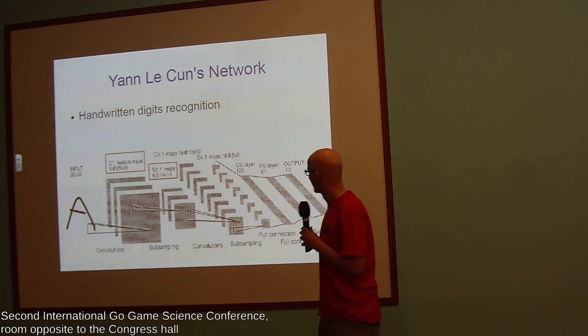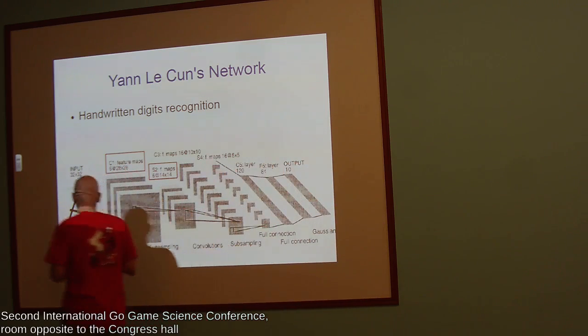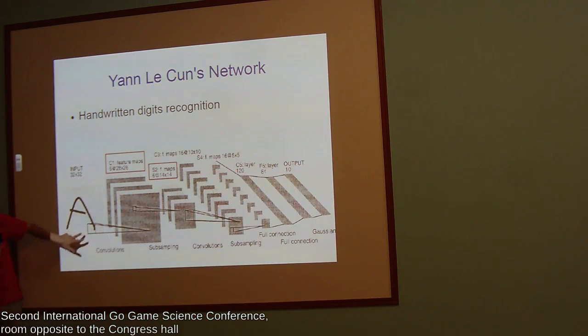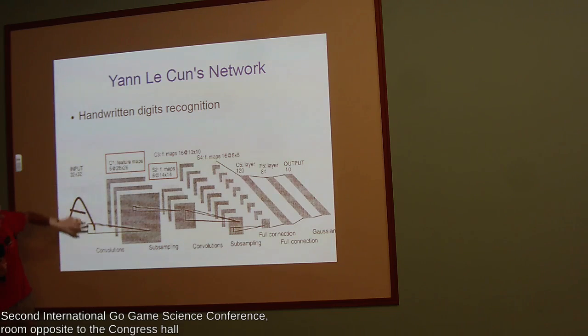So this is a convolutional network, and it works basically like this. You have the input, and then you have convolutional kernels, which you sweep one by one over the image, and you compute the result. You do this all over the place with the same kernel, and you get these planes. You might have several of these kernels, so from one image you get several images.